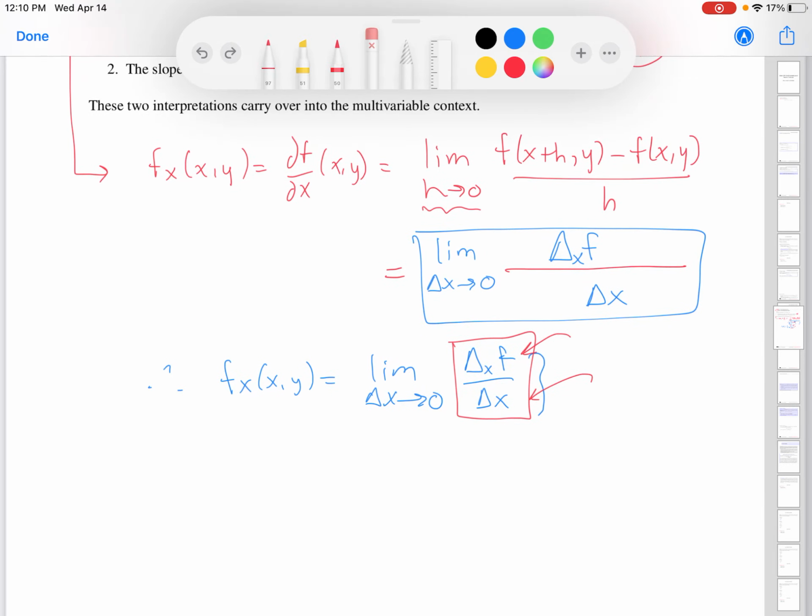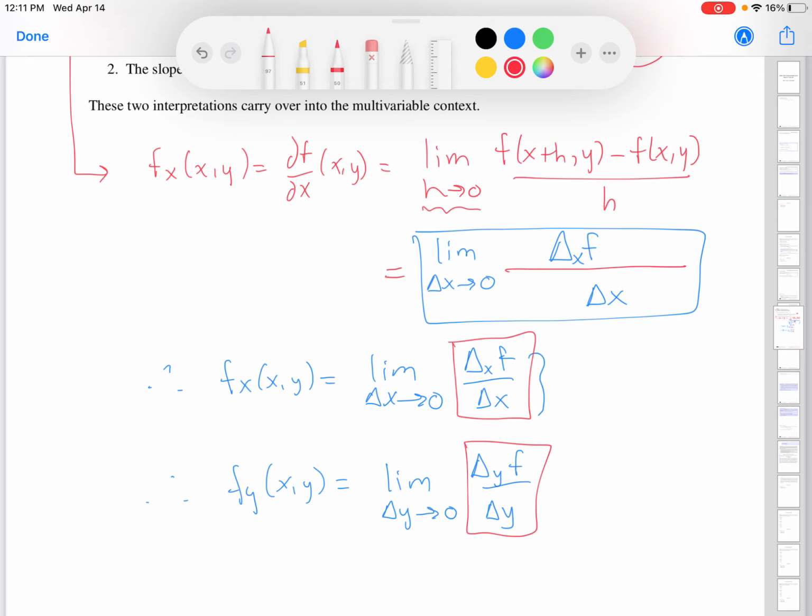But it's very analogous. So we could have done the exact same thing and started our analysis in the y direction, and we would have obtained a very similar result with, again, this new notation of delta sub y of f. So this, again, is a rate.